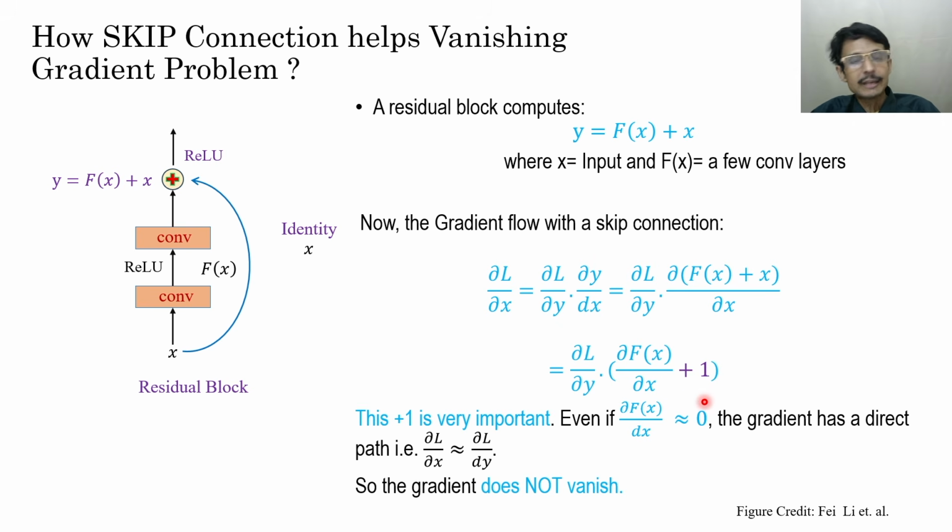Now this 1 is very important. Why? Even if this is very small, which was the basic problem, even close to 0, the gradient has a direct path because of this. So in this way the gradient doesn't vanish. That is very important to understand, because if the question is why skip connection helps solve the vanishing gradient problem, this is the basic answer.